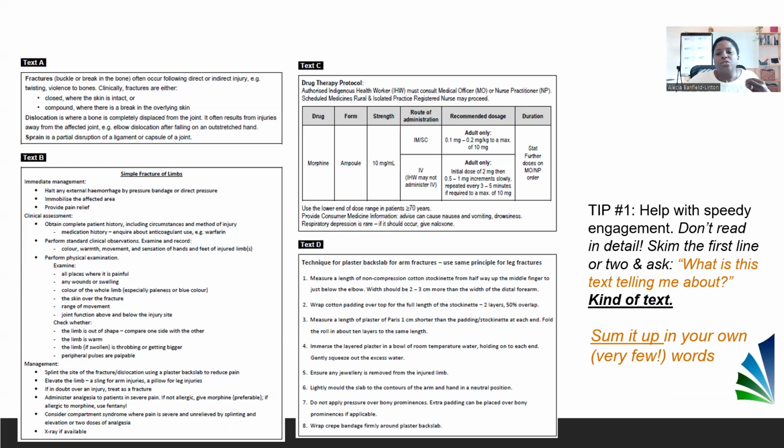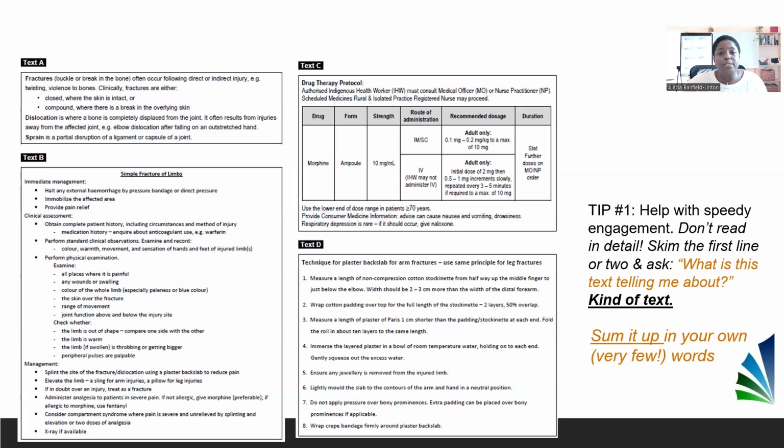Okay? So how can you help yourself engage speedily with this, especially since you don't get to read in detail? If you invest time, unless you are one of the rare people who can read speedily and absorb immediately, you don't have time for reading in detail.